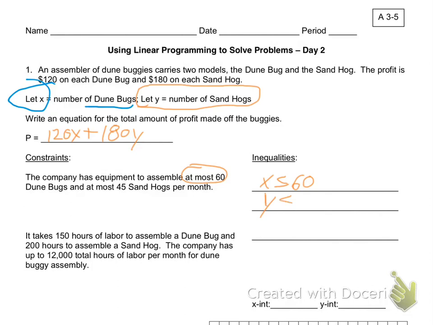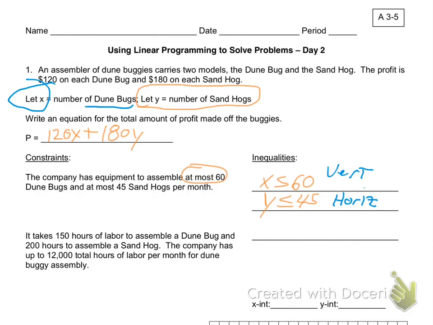So that's physically how many we can make for the x and y. Just recalling, this is going to give us a vertical line right here, and this is going to give us a horizontal line at 45. So that sets up a little window where our solution can be.